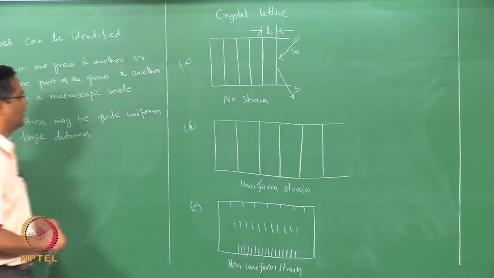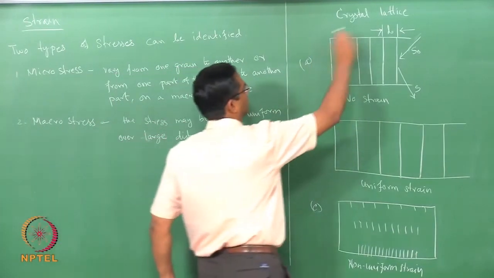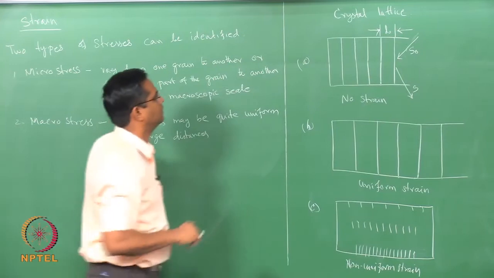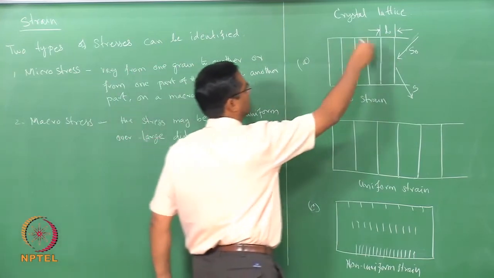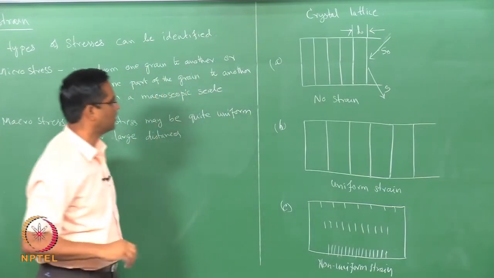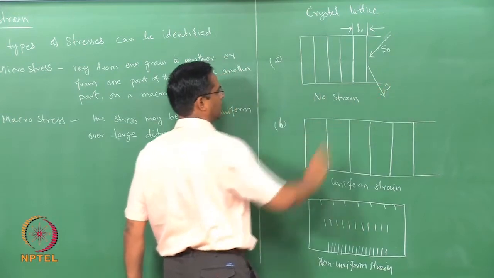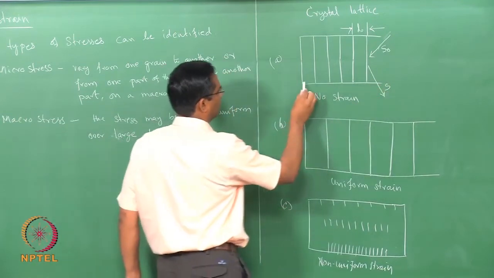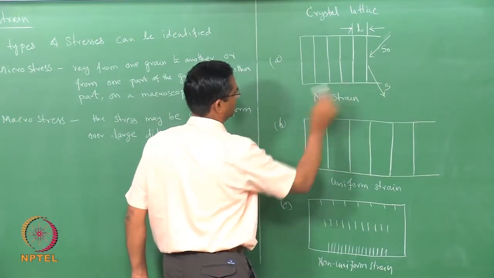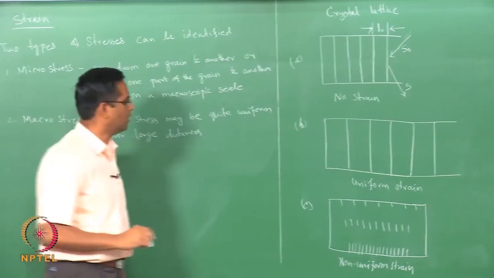So, what I have drawn here is 3 schematics. Suppose this is a crystal lattice with the d planes at distance d naught, that is the equilibrium distance, and this is the incoming X-ray and this is the diffracted X-ray. What we are now seeing is that d naught is equally spaced, so we describe this as no strain.